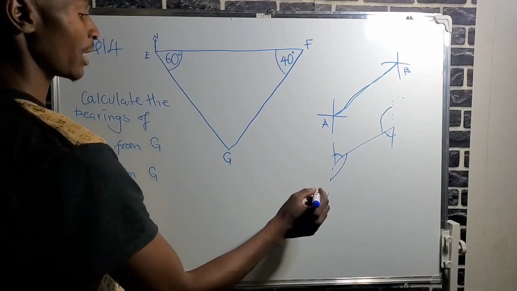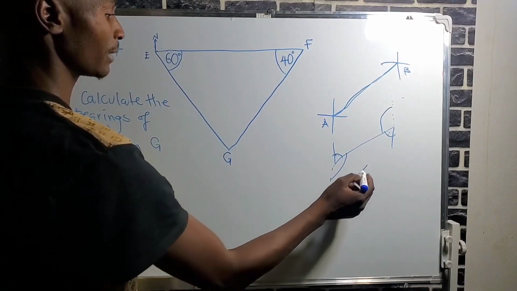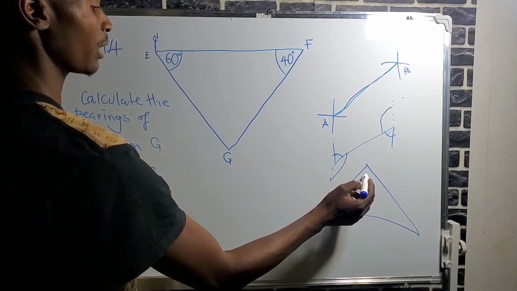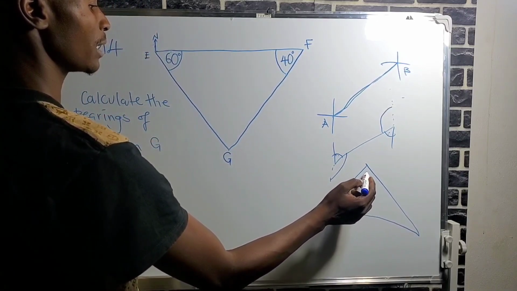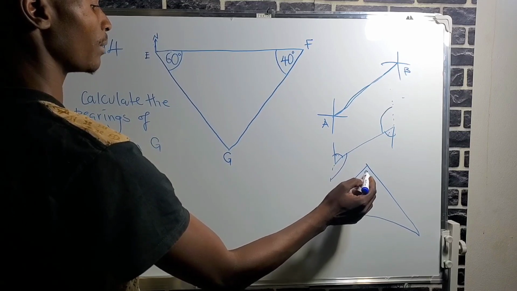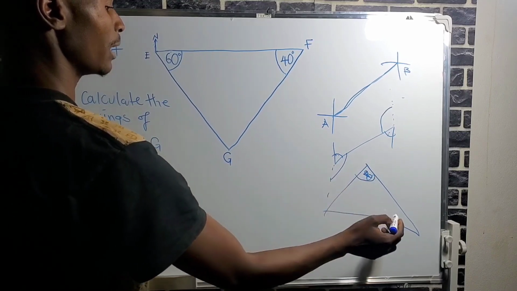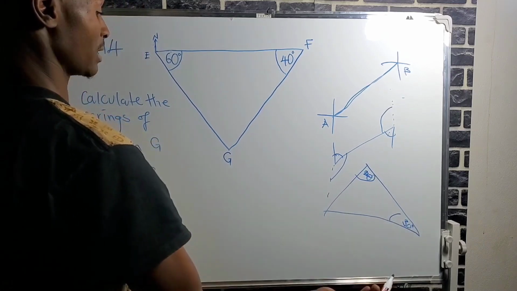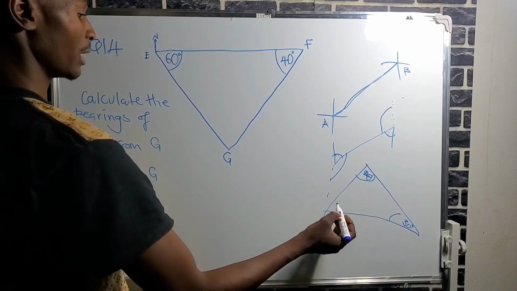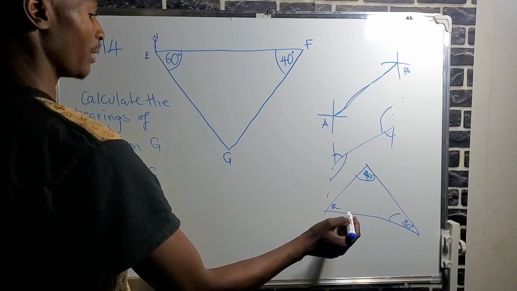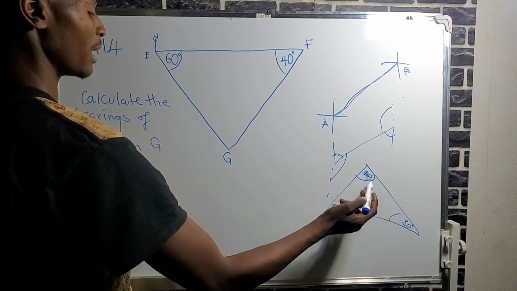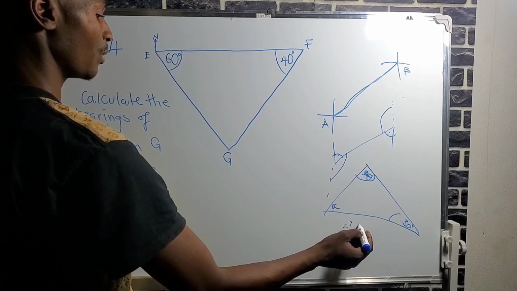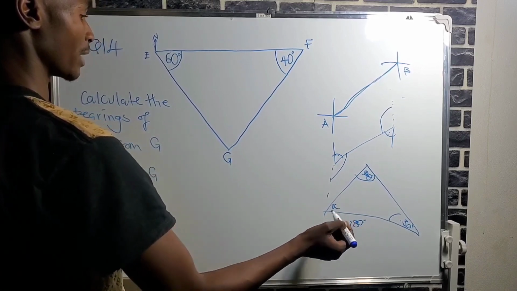Angles in a triangle add up to 180. So if in a triangle you have been given two angles, let's say 40 and here 30, I'm just saying these are not accurate, to find this angle we add 30 plus 40 plus x and equate to 180 and solve for x.